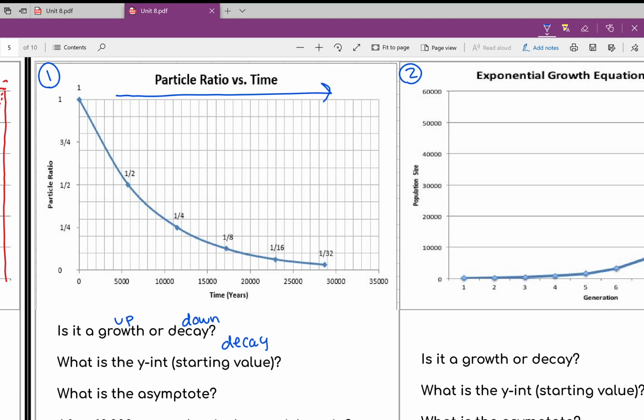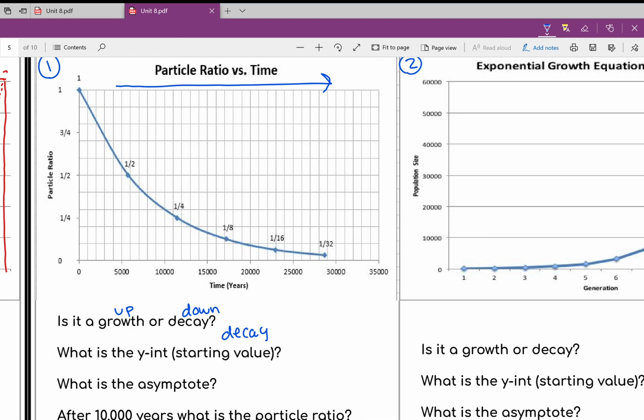Then it says, what is the y-intercept, or in other words, the starting value? Remember, the y-intercept is where it crosses the y-axis. Quick note, crosses the y-axis. And particle ratio is the y-axis, so this whole thing is the y-axis. We notice that our blue curve crosses the y-axis up here at 1.